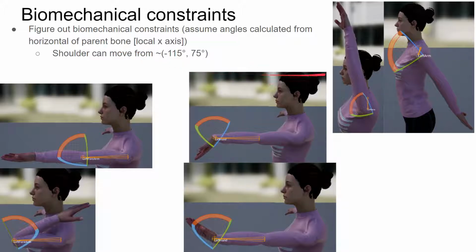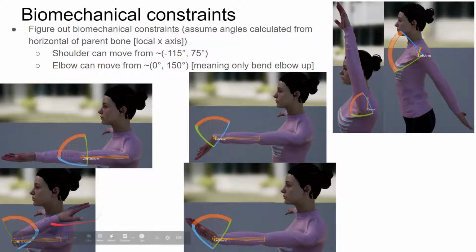But anyway, let's say that the shoulder can move from like negative 115 degrees up to positive 75 degrees. The elbow can move from like 0 degrees here to 150 degrees or so here, which means that the elbow can only bend upwards, which you know, because if you play with your elbow, you'll notice that you can't actually move it downwards.